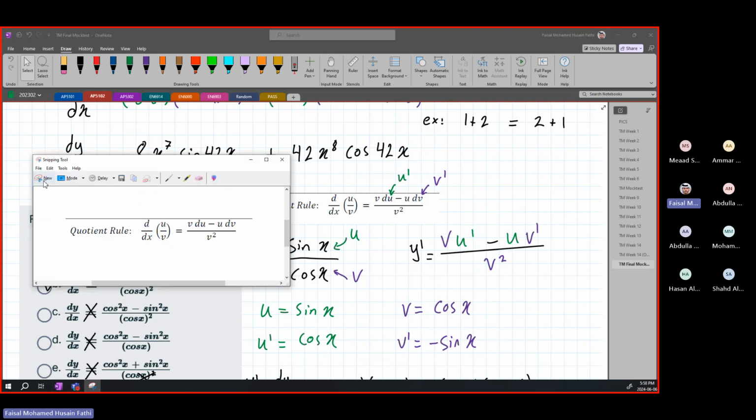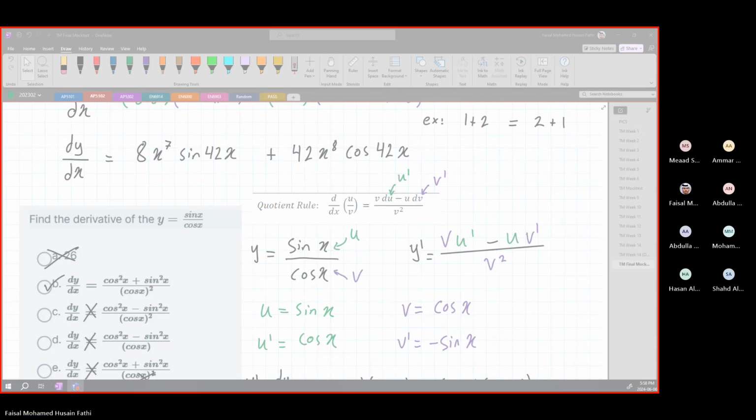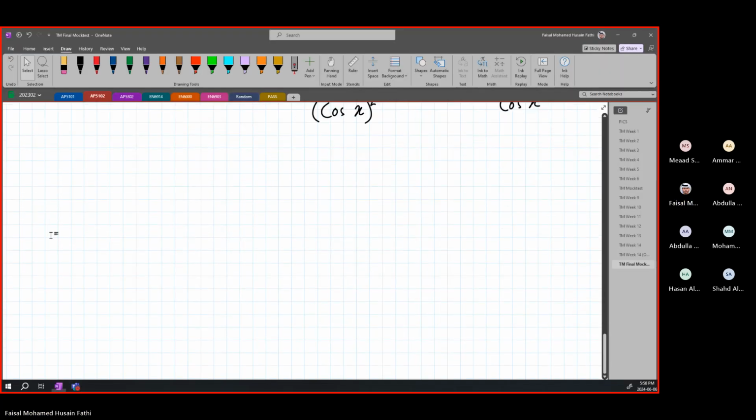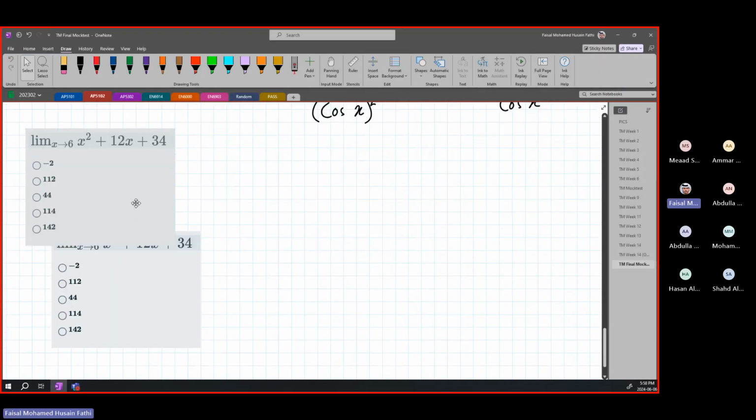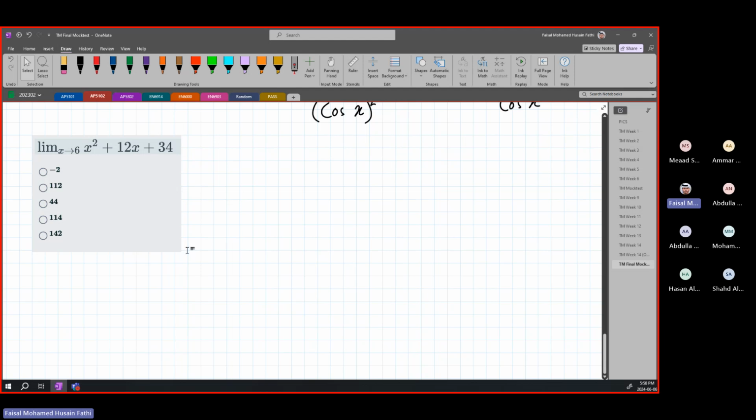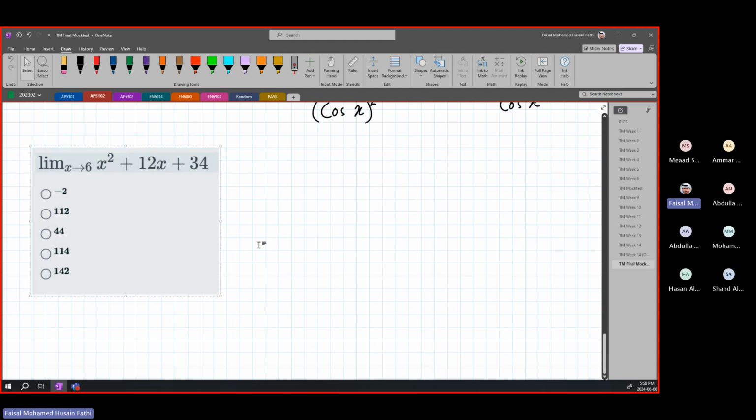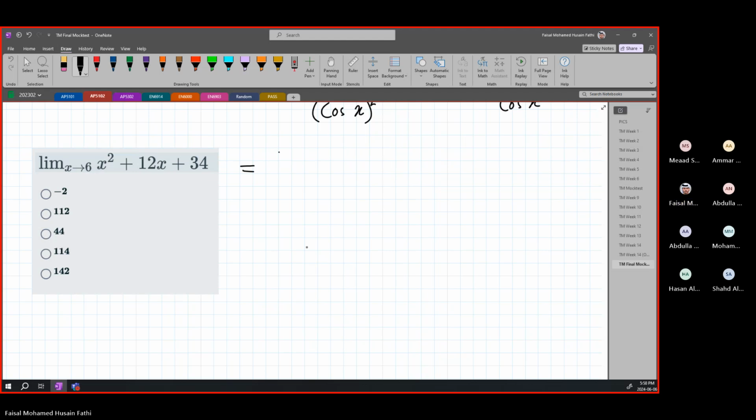Let's look at the next question. The limit as x goes to 6 of this value, very simply, the limit basically means this is equal to 6 to the power 2 plus 12 times 6 plus 34. All you're going to be doing is substituting the value of 6 for x in each one.